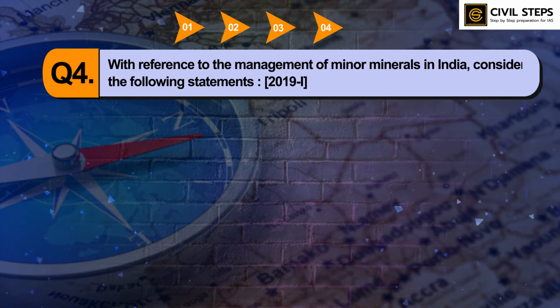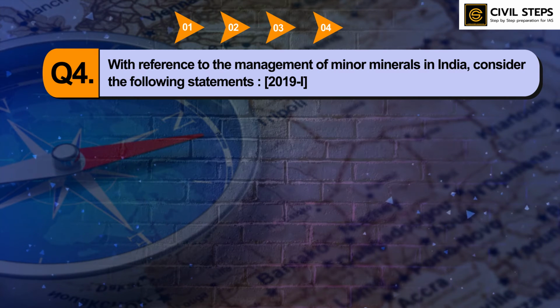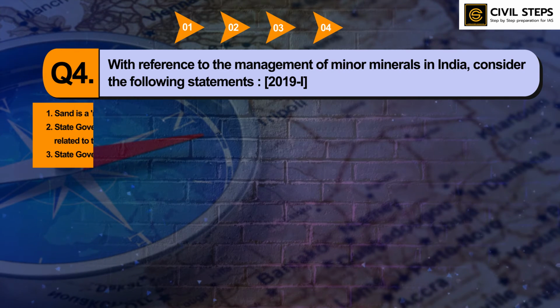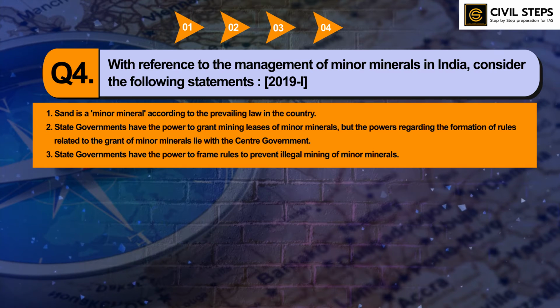With reference to the management of minor minerals in India, consider the following statements. Statement number 1, sand is a minor mineral according to the prevailing law in the country. Second, state governments have the power to grant mining leases of minor minerals, but the powers regarding the formation of rules related to the grant of minor minerals lie with the central government.